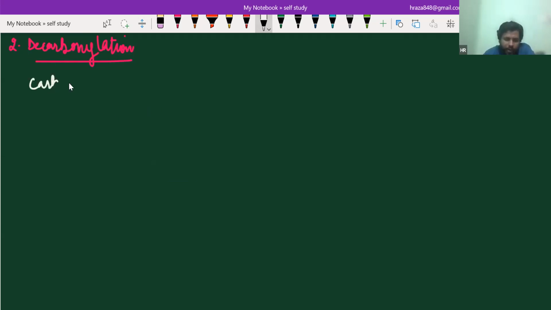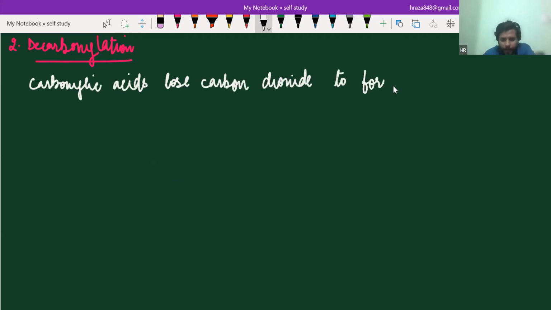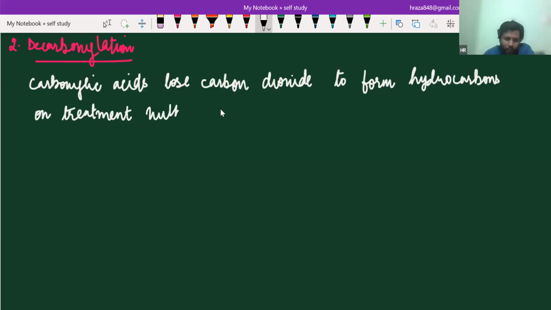So I'm going to write a point: this carboxylic acid loses carbon dioxide to form hydrocarbons on treatment with sodium hydroxide and calcium oxide and heat.